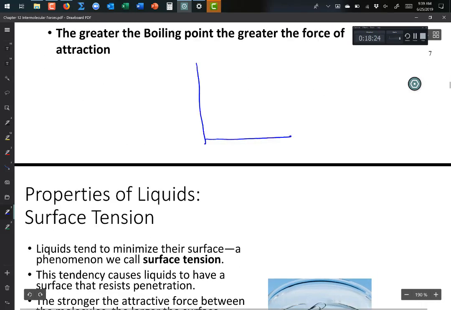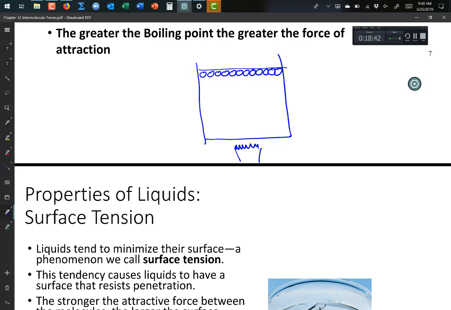So here's a liquid. And I'm going to draw molecules on the surface. Here are my molecules on the surface. And then I have my heater. So that's the heat, and it makes fire. And so it's getting hot, right?